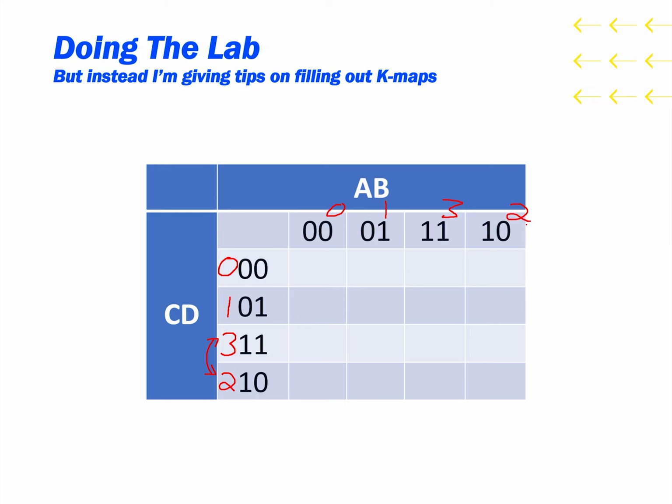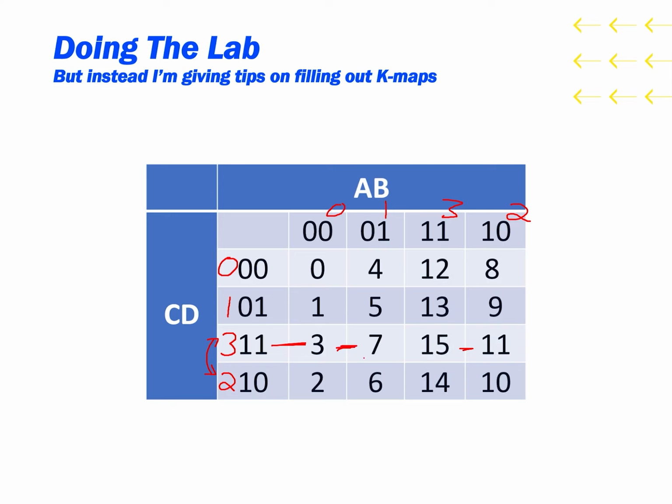So when we're filling stuff out, we can go 0, 1, skip the row that's out of order here, 2, and then 3, 4, 5, skip this row, 6, 7, and then we have to skip this entire column, 8, 9, skip the row, 10, 11, and then go back to the column we skipped.